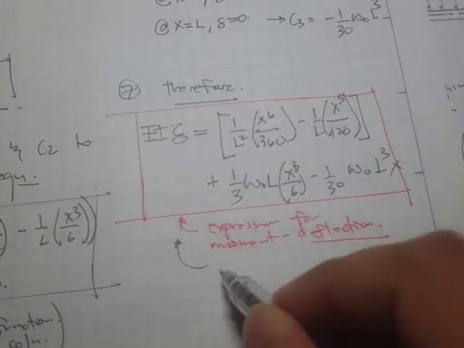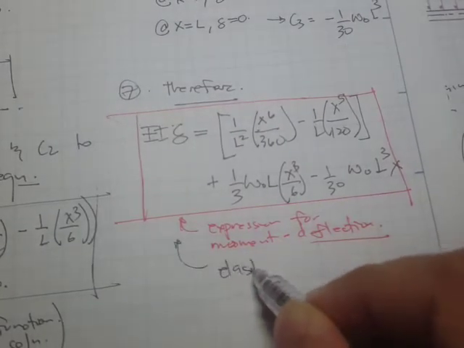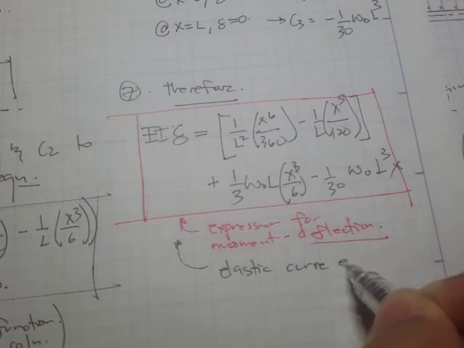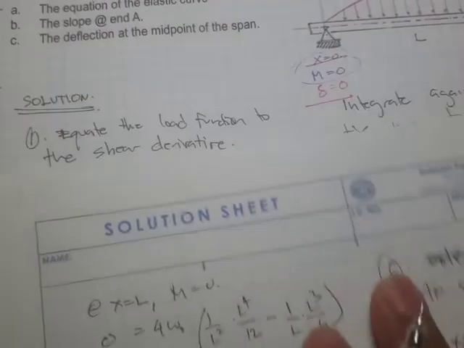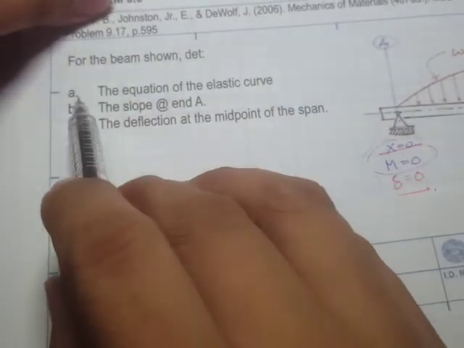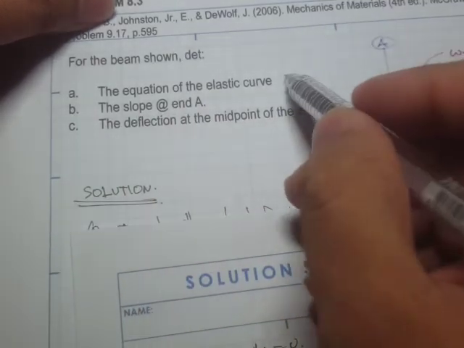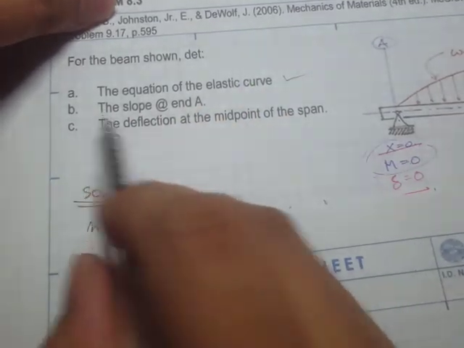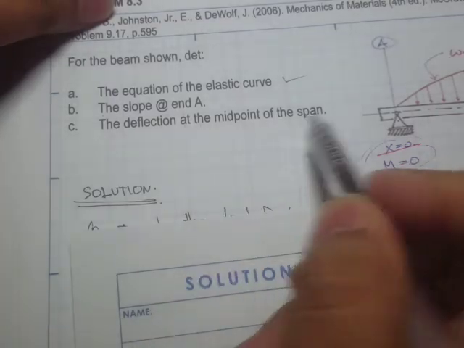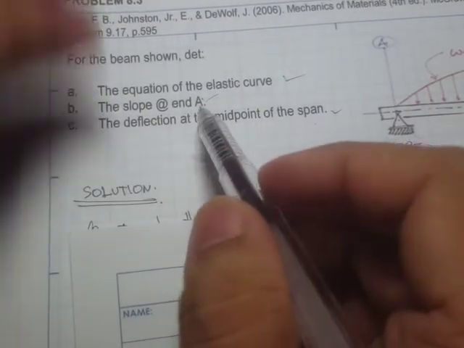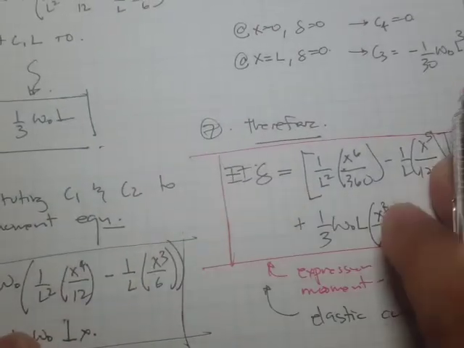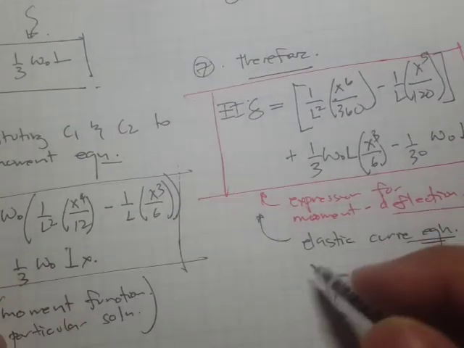Look at this right here, the elastic curve equation. We are to find the equation of the elastic curve, and this is already done. And let's find the deflection at the midpoint of the span and also the slope at A. Once you have this, you can just substitute the values in order to solve for it.